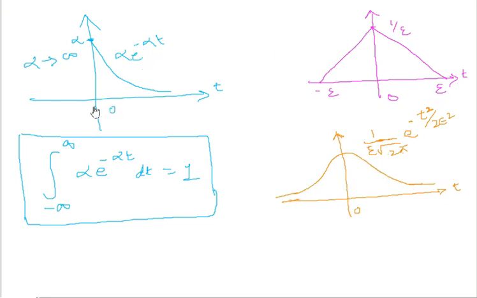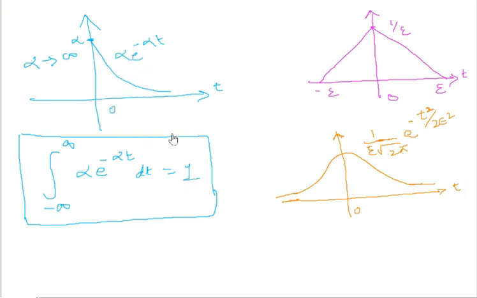Now if alpha tends to infinity, then this signal will behave as a unit impulse, and the area under this signal will be equal to 1.